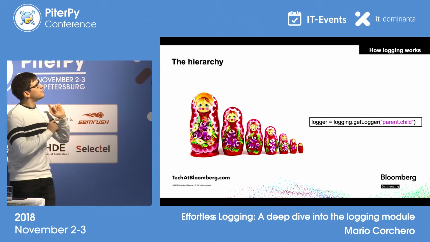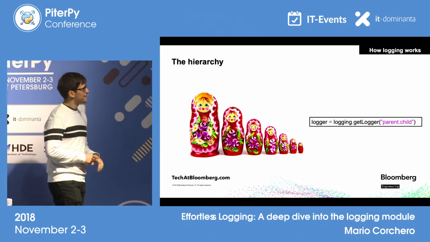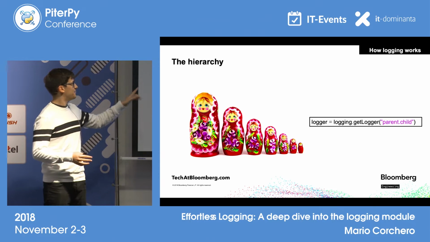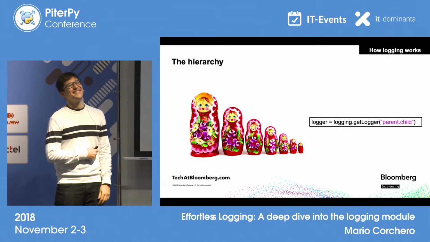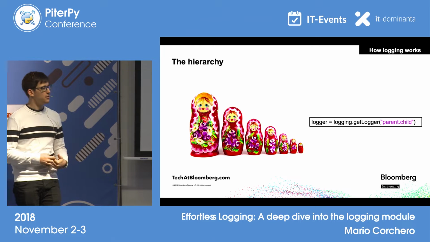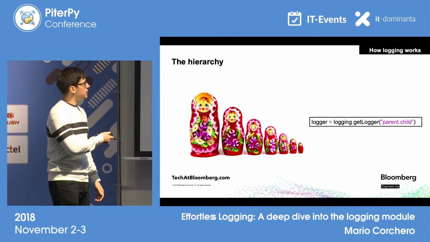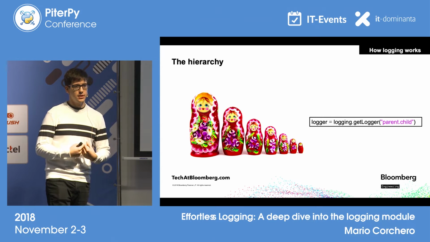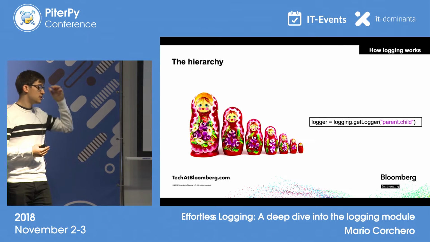There's one more thing. There is the nice hierarchy of loggers. I really like this picture. There's this nice hierarchy of loggers that you can create when you ask for a logger. So this is the way that you create a logger. Basically, all you do is you ask for a logger. If it's already created, you're going to get the same one. It's just a singleton.